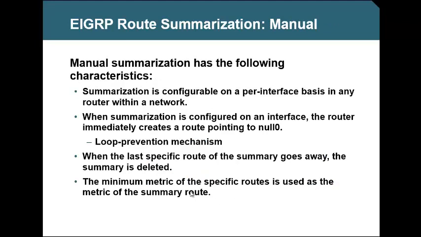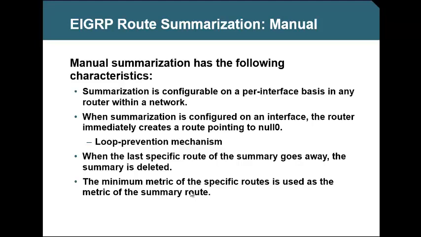And when we configure manual summarization, the summary route will be generated in the routing table pointing towards null 0. This is because we cannot point to a physical interface, since summarization is a summary of many networks from various interfaces.